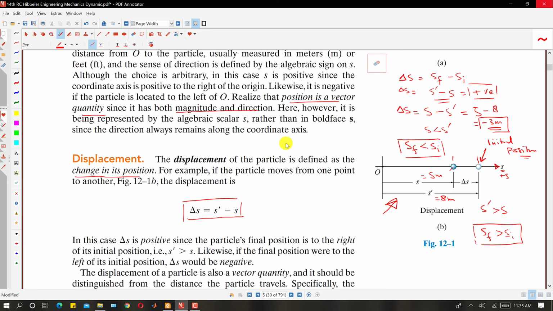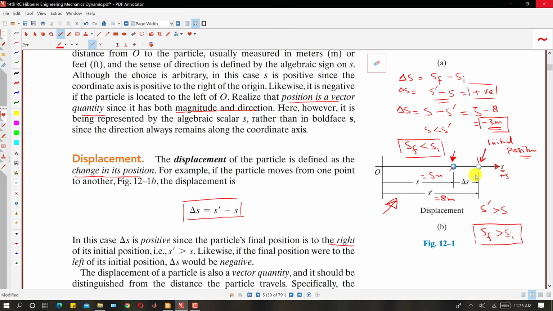So this means that the displacement is a vector quantity. Delta S is positive since the particle's final position is to the right of its initial position, and likewise if the final position were to the left of the initial position. In the second case the final position of the particle is towards the left, and in the initial case the final position was towards the right.